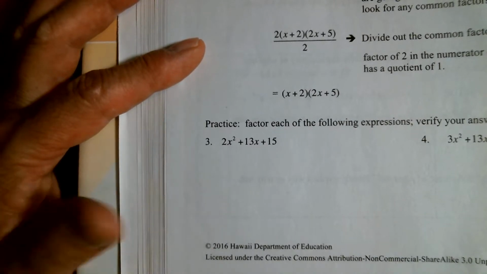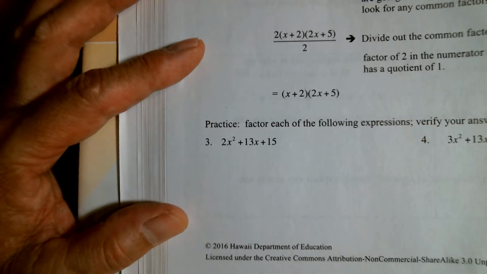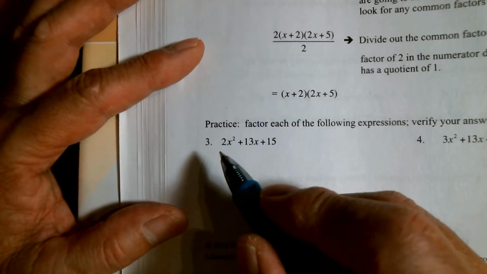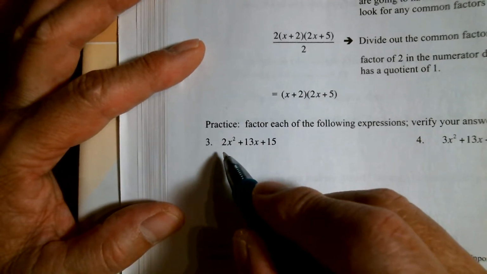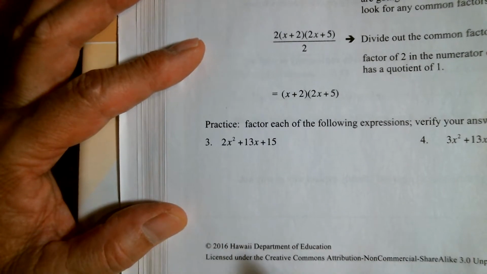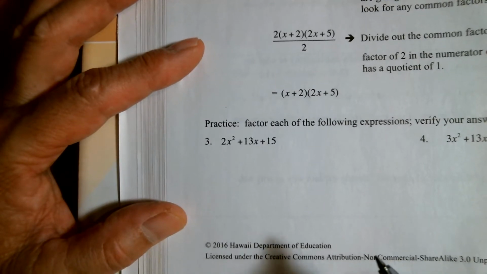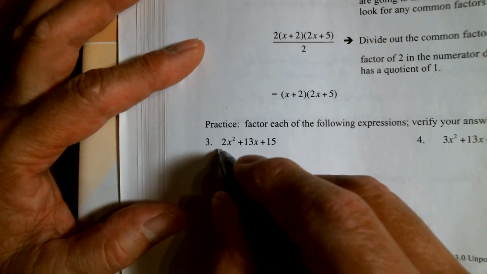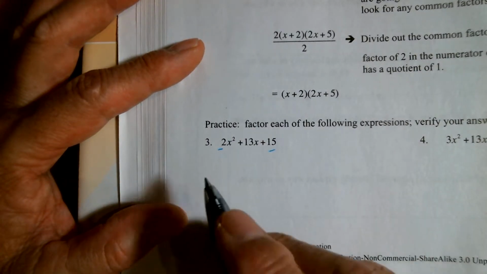Okay, this is called factoring by grouping. Whenever you see a coefficient that is not a 1, then we have to factor it a different way. The way that I've learned from Khan Academy, you take the first coefficient and the constant and multiply them together.